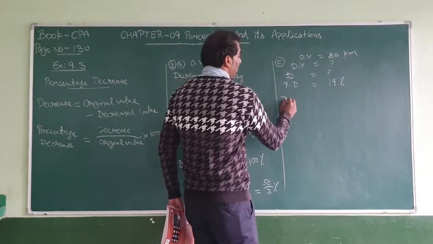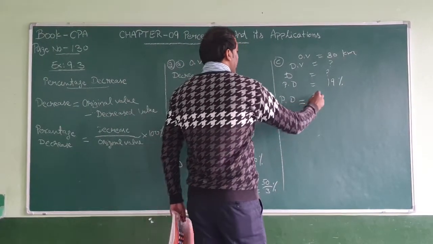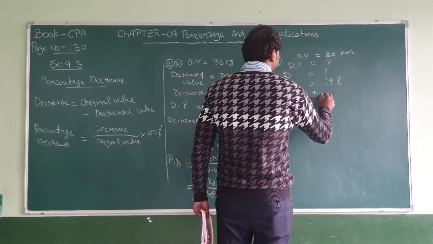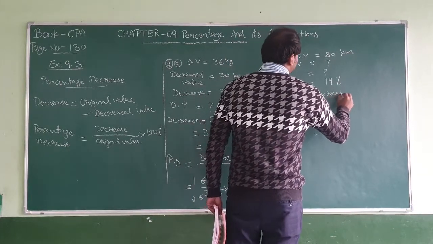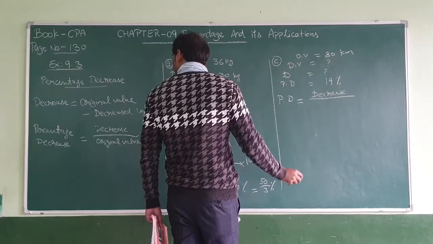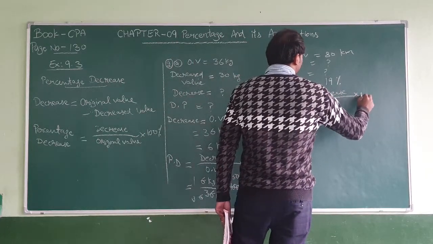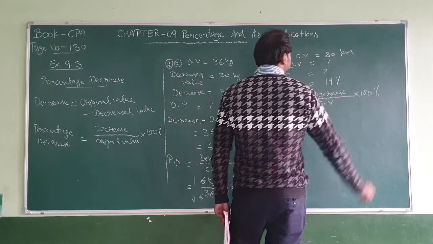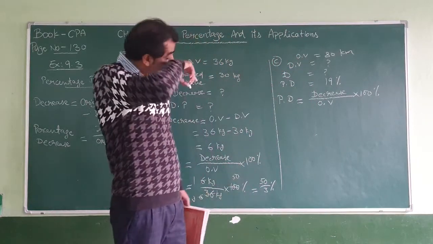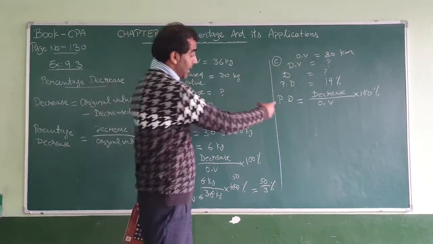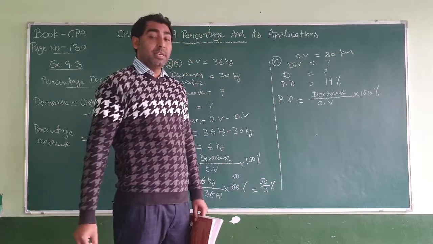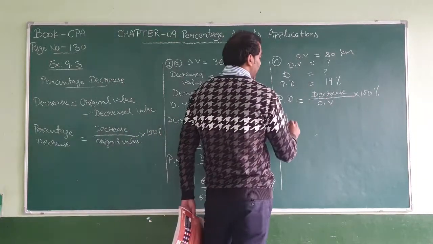So what is the formula of percentage decrease? It is decrease upon original value multiplied by 100%. So put the values. Here PD means percentage decrease, we have 90%.